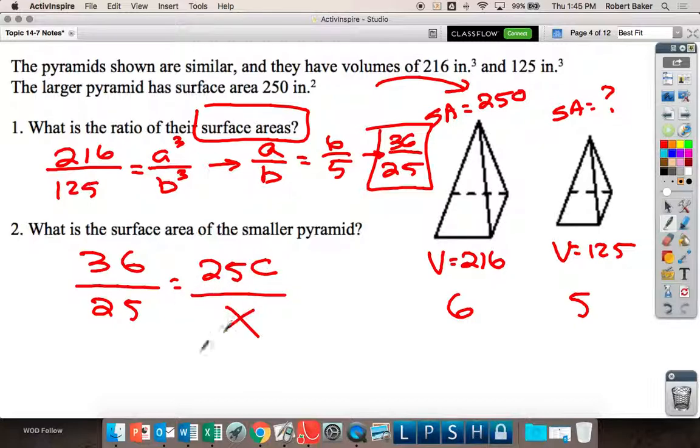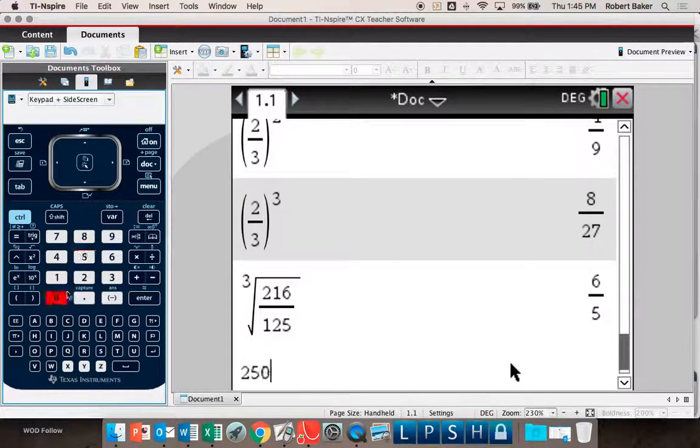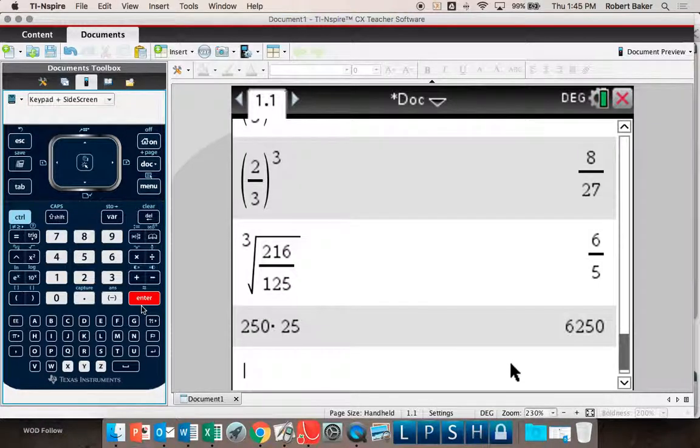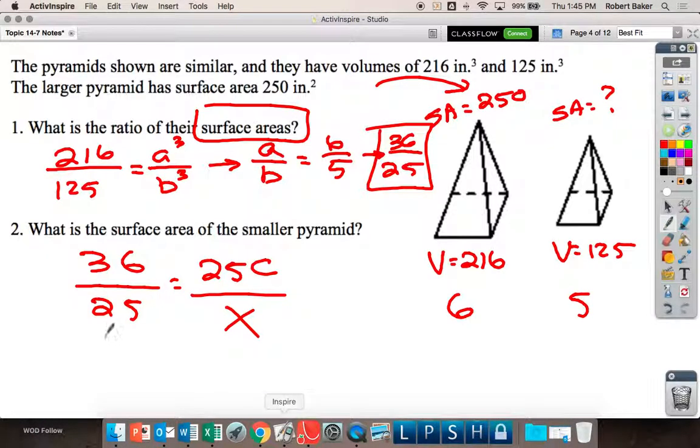And we're looking for the surface area of the small shape. So we get back to bat and ball, the butterfly method, you cross multiply and solve for x. So 250 times 25, 6,250.